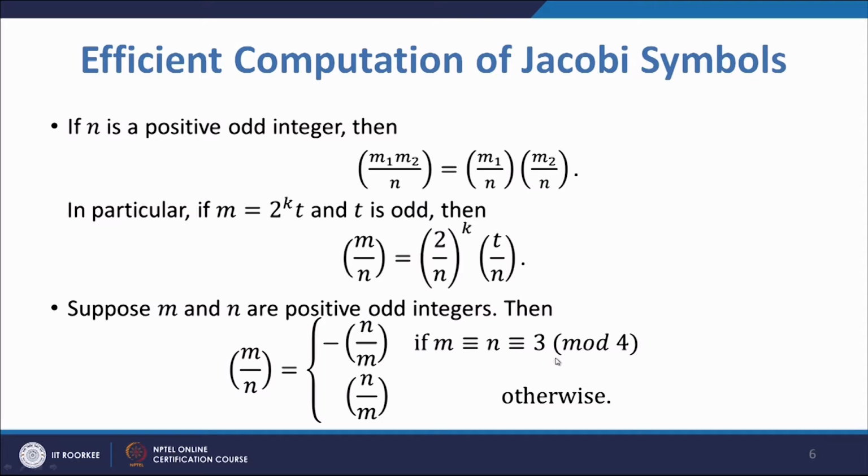Now, these 4 properties can be repeatedly used to compute the Jacobi symbol of a positive integer modulo another odd positive integer without factorizing, and this is very surprising.